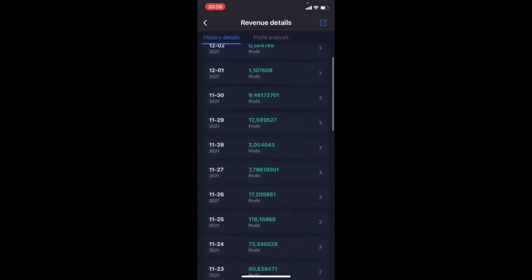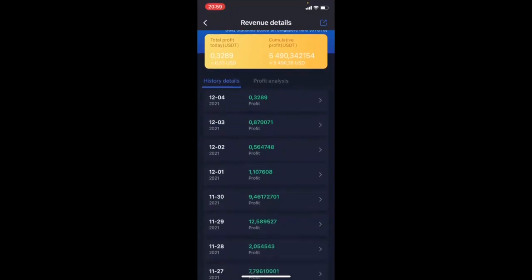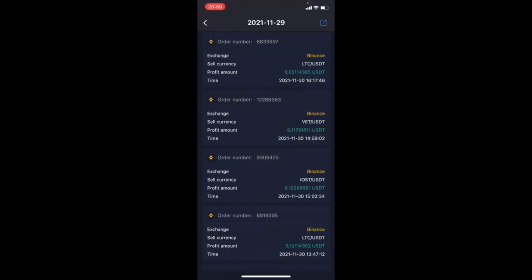So check this out. If I go to this one, the 30, if I have $9 and I open it up, what's this? I can see the actual order number in Binance, right? I can see the profit amount, and as you can see, it's very small. So there are hundreds and hundreds of trades taking place each and every single day. And I can see the timestamp.